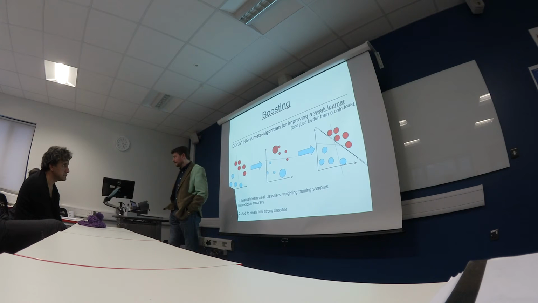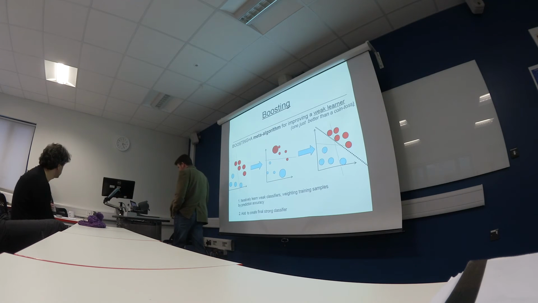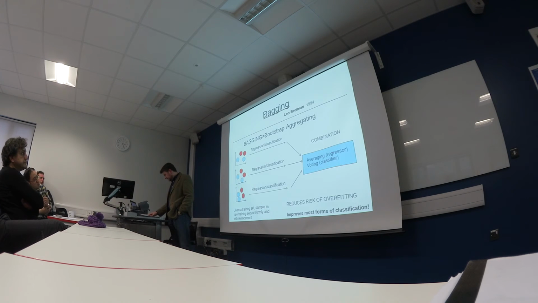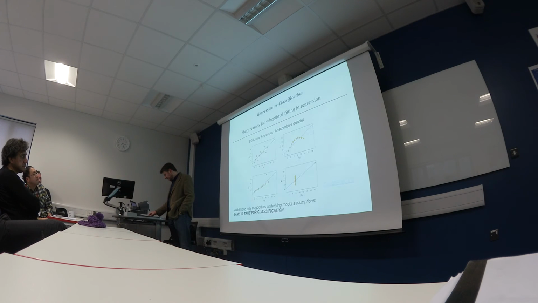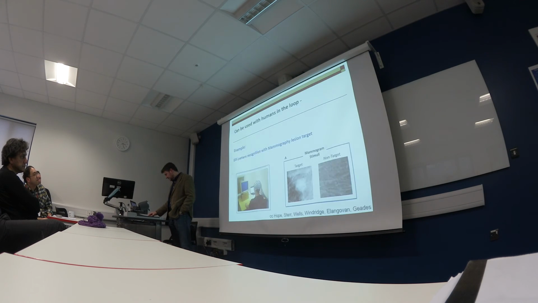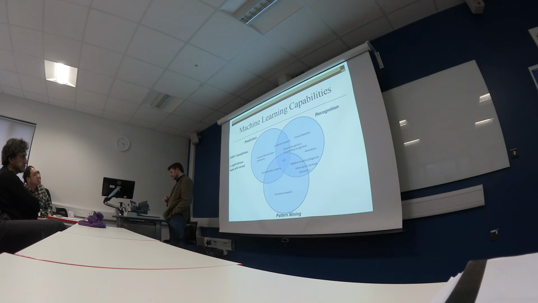Did you mention prediction, recognition, and what else? There are 3 domains. Prediction, recognition, and was it data mining, something like that? Pattern mining, yeah. So is control? I thought control problems are also now basically in the domain of machine learning. Yeah, actually, yes. There's the whole world of reinforcement learning.